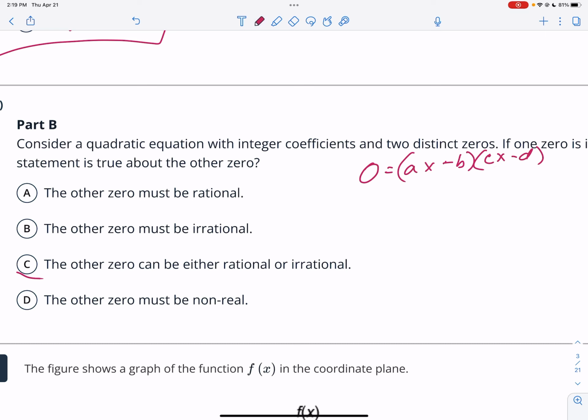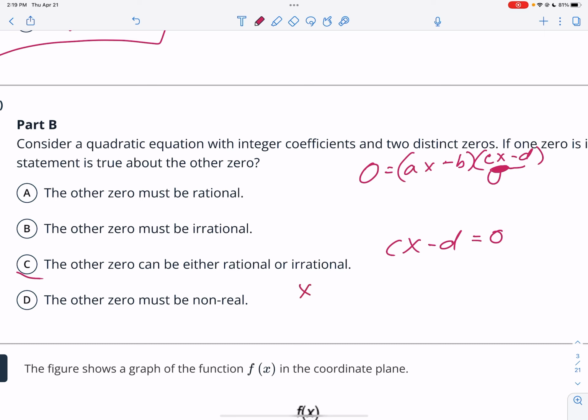But it works. You could totally put a rational number in for x, multiply by an integer, it would be rational, and then subtract some rational number, and it would become 0. That would work. You can find something. In fact, let me do it. cx minus d equals 0.